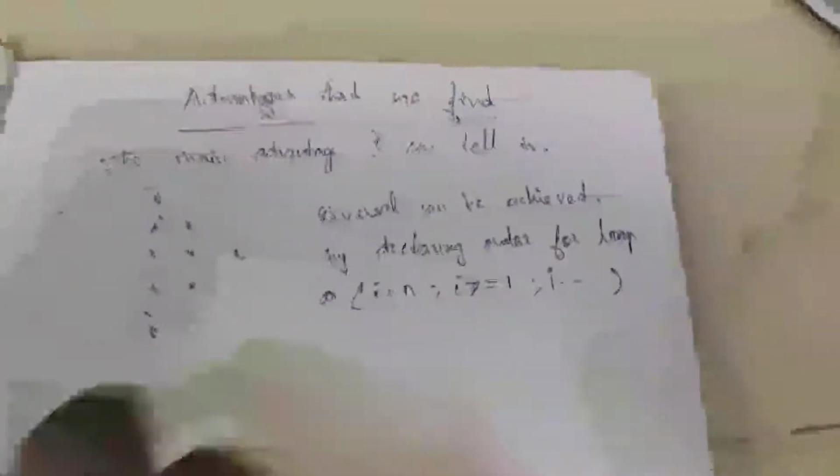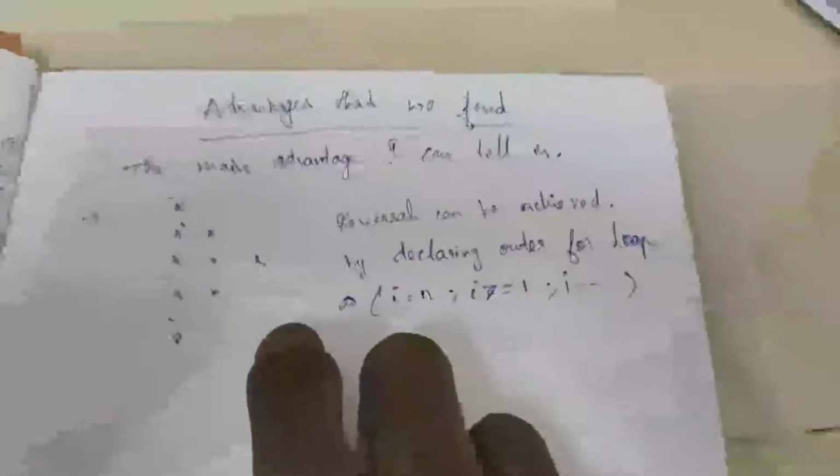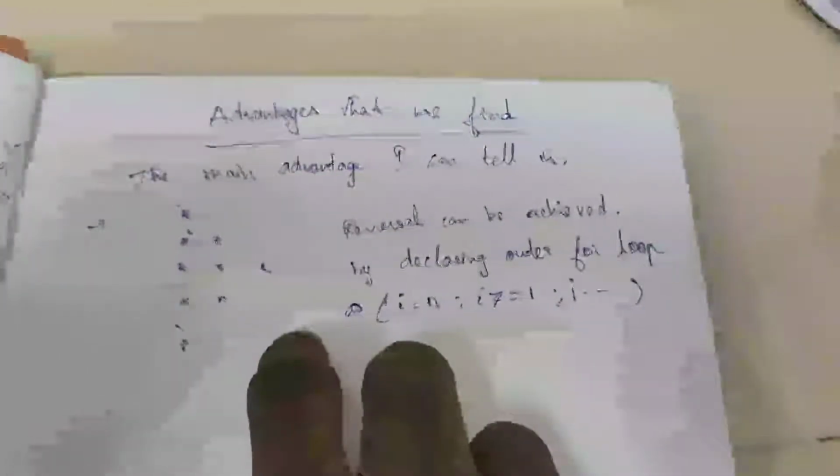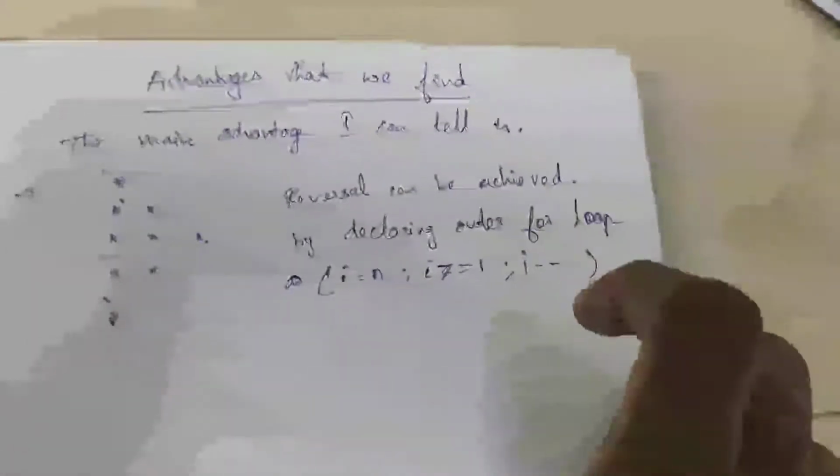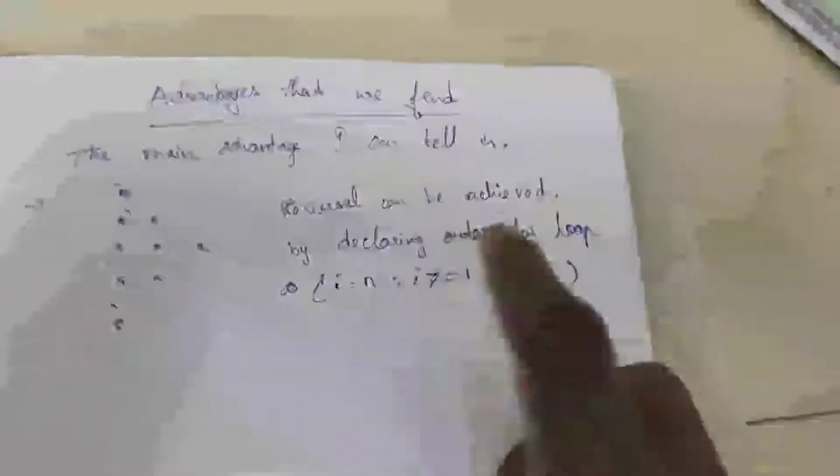Next we are going to see the advantages. The first advantage is that this type of triangle pattern has many applications in the forward pattern and in the reverse pattern too. So how do we print a reverse pattern? It is similar to the previous case, but we change the outer for loop to run from n to 1.